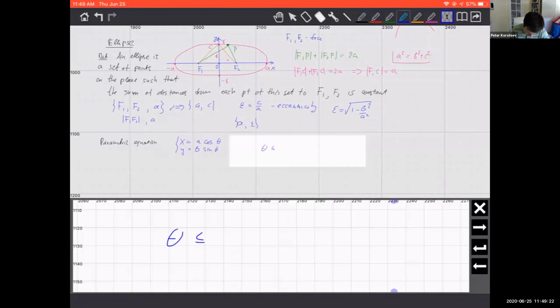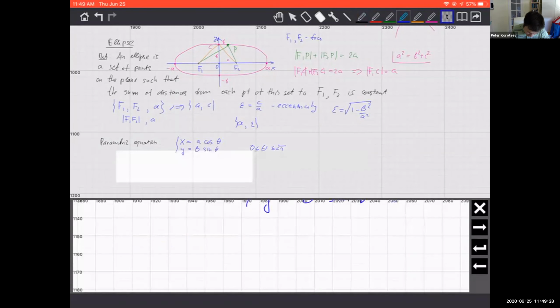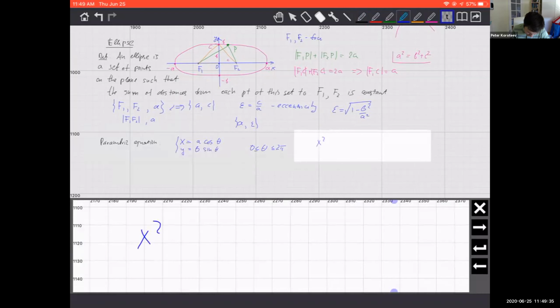Theta changes between 0 and 2 pi, right? And then it's easy to write the equation for the ellipse. If you calculate x squared plus y squared, you're not going to get anything nice, but if you divide x squared by a squared and y squared by b squared, you'll get 1. So that's the equation that gives an ellipse.